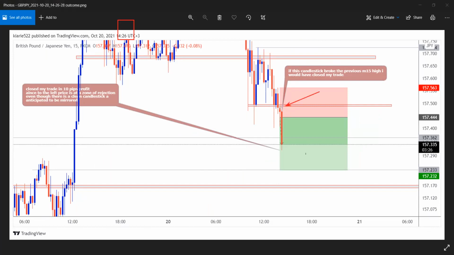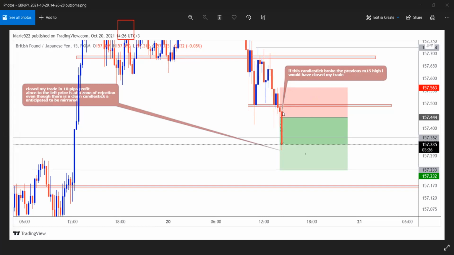Price pushed, I don't know how many pips. Then it pulled back. So I had to wait, if this candlestick broke the previous M15 high, I could have closed my trade. I closed my trade in 10 pips profit to the left.